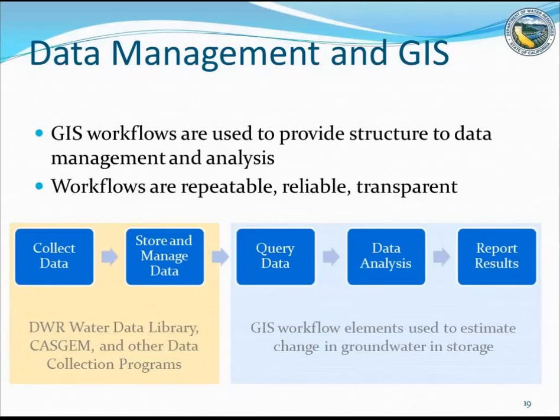For this project, and for the calculations that we did for the water plan, we developed a workflow that queried the data, that did specific data analysis, and then prepared some specific reports. And that's what I wanted to talk to you about in the next series of slides.